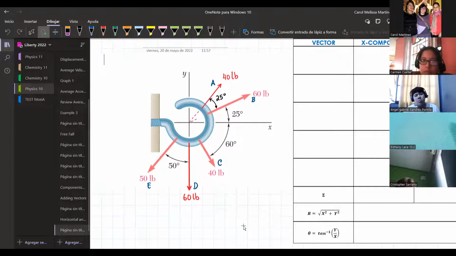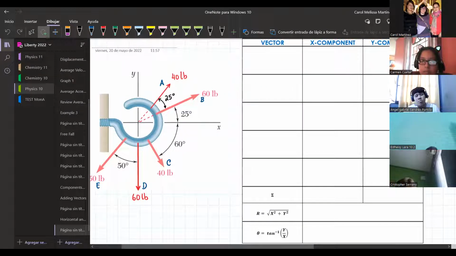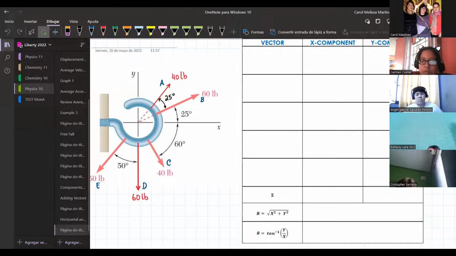If I also project this vector, it comes from the center. If I project every vector, it's going to come directly from the center of the coordinate plane. Even if you don't see the arrows coming from there, if you make an extension of each vector, you will see that they have in common the center of the coordinate plane.